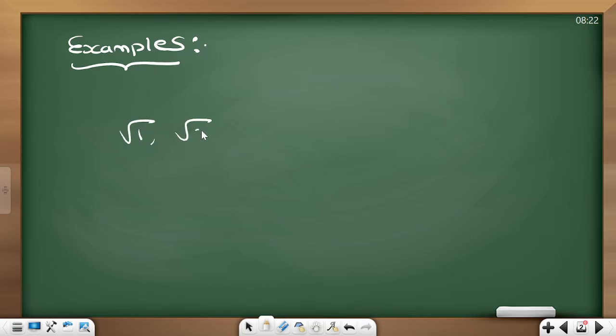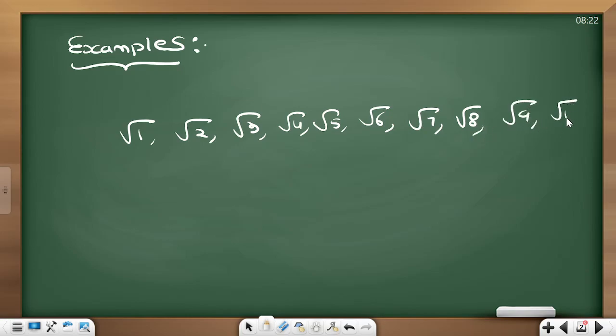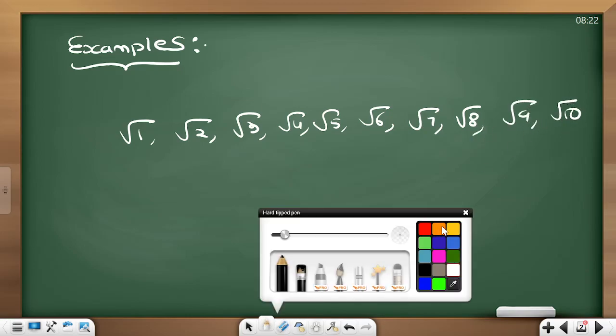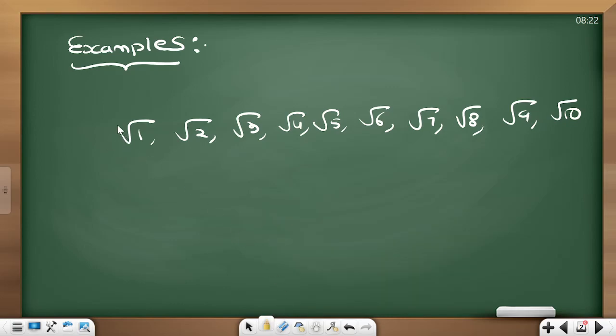Root 1, root 2, root 3, root 4, root 5, root 6, root 7, root 8, root 9, root 10. Among these, which have the proper answer? Root 1 has proper answer, root 4 has proper answer, root 9 has proper answer.